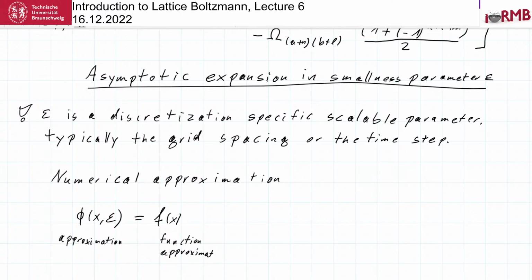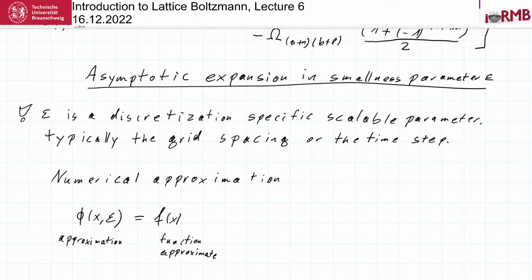It doesn't matter whether this is just interpolation or a partial differential equation. This is the guy that we want to approximate, but which we cannot solve. We want to evaluate something like the Navier-Stokes equation. We don't know whether the Navier-Stokes equation has solutions in the first place, so we replace it by lattice Boltzmann or by whatever.